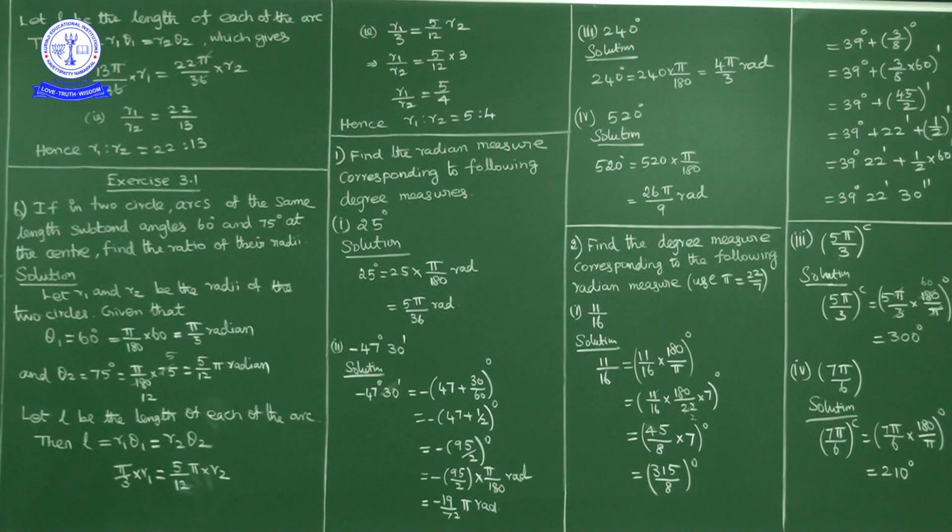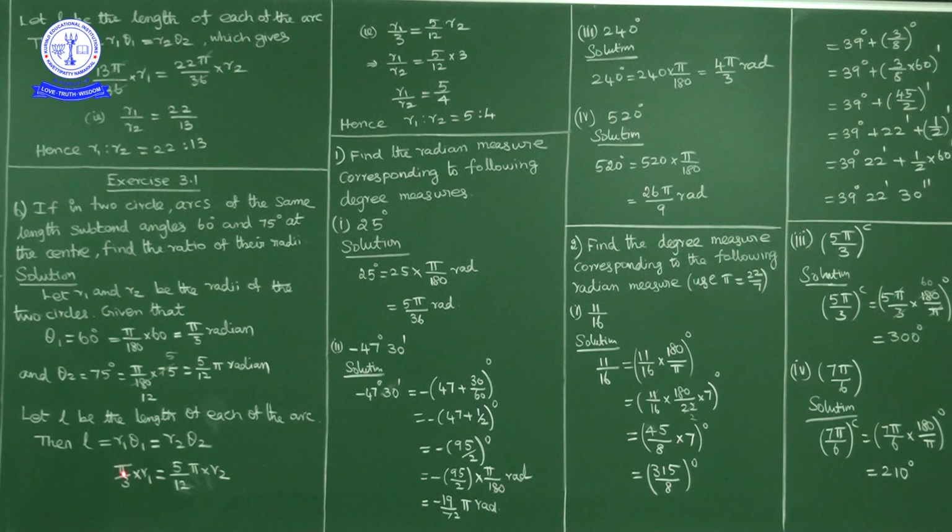The relation between L, R1 and theta 1 is L = R1 theta 1. The relation between L, R2 and theta 2 is L = R2 theta 2. Since L is the same, R1 theta 1 = R2 theta 2. Equating, pi by 3 R1 = 5 pi upon 12 into R2.